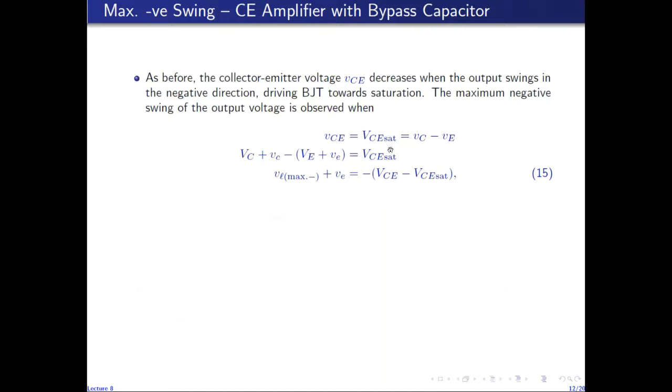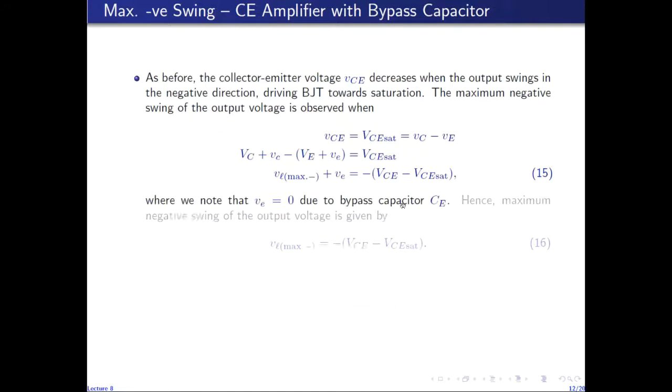And under this condition, we replace VL with VL maximum negative. So small VC is equal to VL, and we denote it with VL maximum negative. And the small signal VE is now zero due to the bypass capacitor, which directly gives us the maximum negative swing of the common emitter amplifier with bypass capacitor equal to this expression.